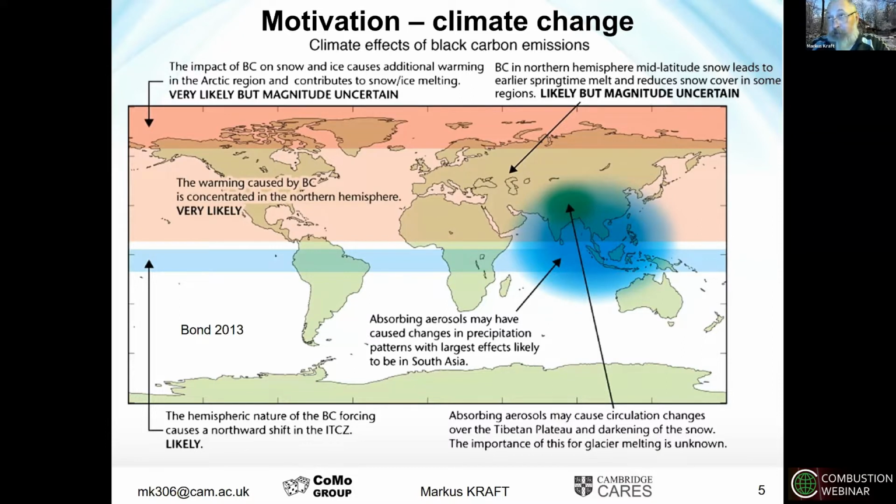We observe that it speeds up the melting of glaciers. We have seen changes in precipitation in Southeast Asia. So there are strong indications that soot plays an unfortunate role here.